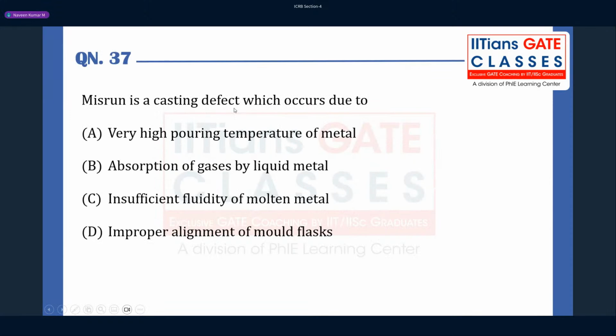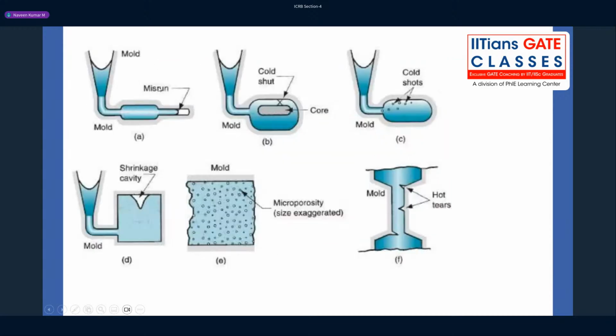Misrun is a casting defect which occurs due to... There are many casting defects; we'll discuss them and come back. What is misrun? You see there is a mold cavity and liquid metal is going inside. Before reaching the farthest end here, it got frozen. Why?